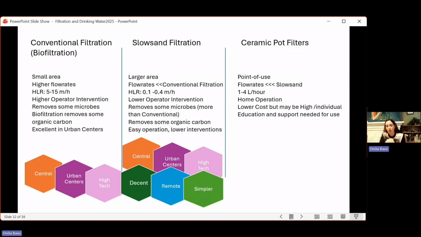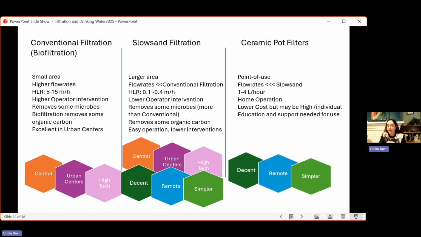I've listed the hydraulic loading rate there for you to see, 5 to 15 versus 0.1 to 0.4 for slow sand, depending on how you build the system. Then the ceramic pots: home operation, lower cost. Lower cost is a relative term, because it may be low cost to us, but high cost within that particular community. So that's another social factor that we definitely have to take into account.